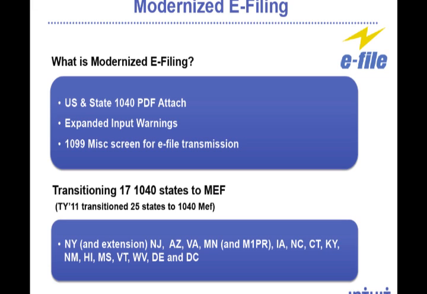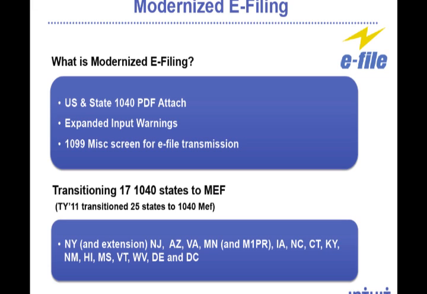Now the big benefit for you is that you can now attach PDFs to individual tax returns, both for federal and state. So that is a big area that y'all have been asking for a long time, and now you've got that ability. The functionality is very similar to what you see in the business modules. It's just in the E-File screen. And assuming my screen sharing works, we'll go over there and show you that in just a moment.